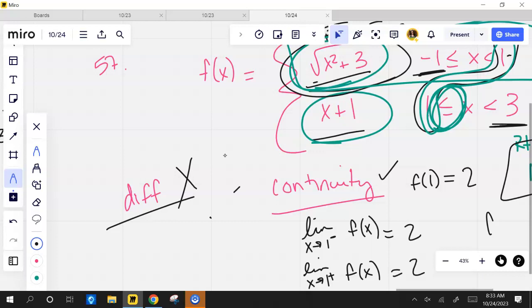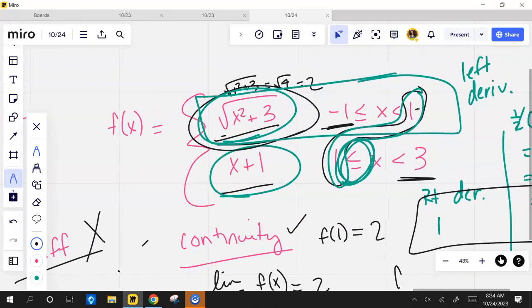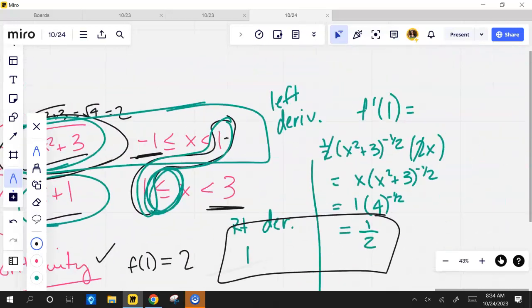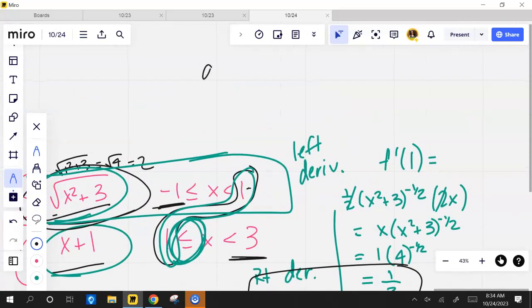So part A says, where is the function differentiable? Everywhere, but its domain is not everywhere. So where is it differentiable? It starts at -1, and it includes it.